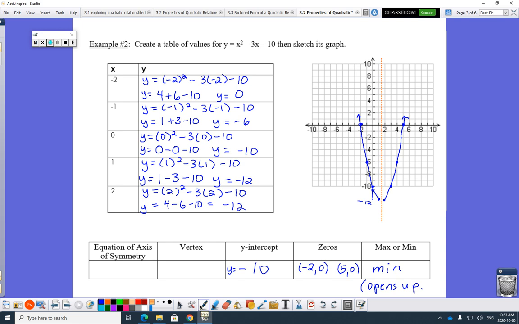If a parabola is symmetrical and I have these two points here, mathematically, where is this point going to be? Halfway, yes. So if you can get the zeros, then you can add them together and divide by 2, and that will tell you the x value of the vertex.